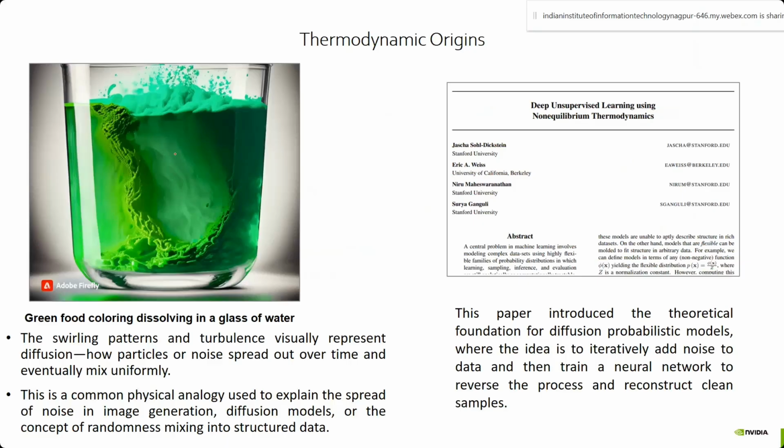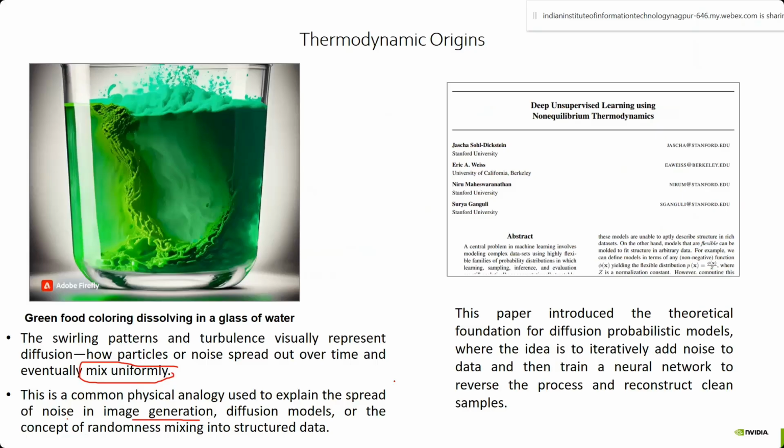You are diffusing some color particles into this glass of water. Particles or noise spread out over time and eventually mix uniformly until the water becomes completely colorful. This is a common physical analogy used to explain the spread of noise in image generation diffusion models, or the concept of randomness mixing into structured data.